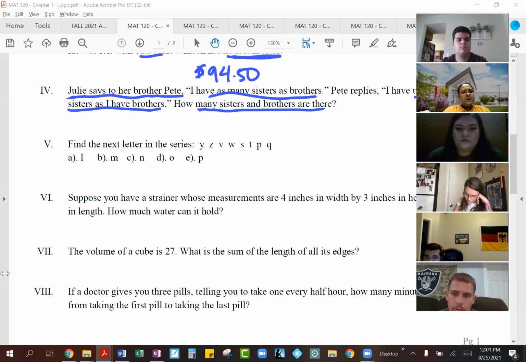And looks like Nicholas, you had the same answer as Idali. Roman, you went with 4 girls and 2 boys, and Cynthia, it looks like you have the same one, and I think I saw that with Ashley. So let's take a look at what you have. If it's 4 sisters and 2 brothers, then the math doesn't work from Julie's perspective, because if Julie is one of those sisters, there are 3 girls and 2 boys.